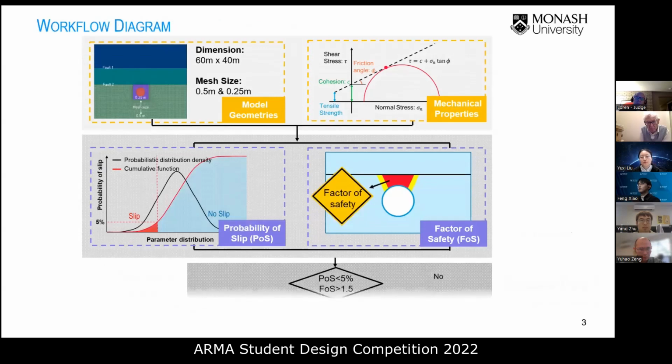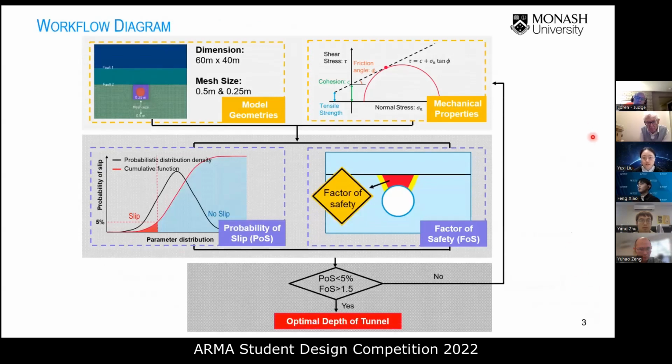But now I would like to provide you a general view of our project in this page. So first of all, we start from building the model geometries and building in the key mechanical properties by the Mohr-Coulomb constitutive model. Next, the probabilities of the slip and the factor of safety can be calculated. The figure in the middle left shows the POS. The red curve shows the cumulative function of fault slip state.